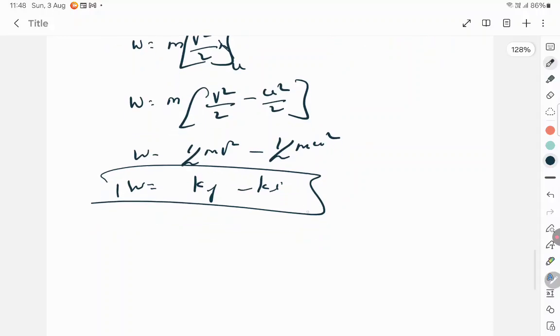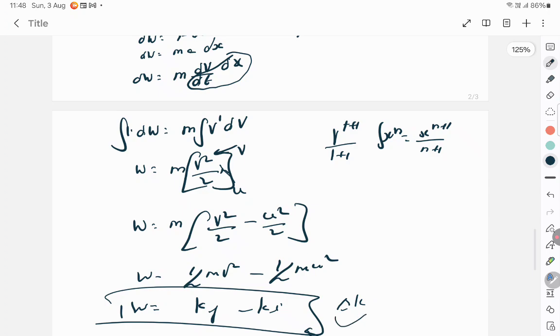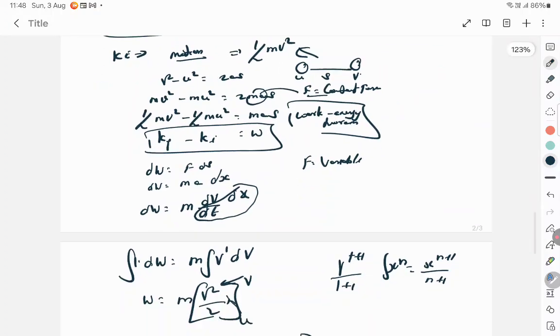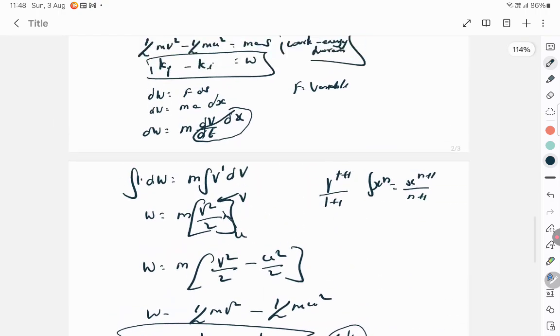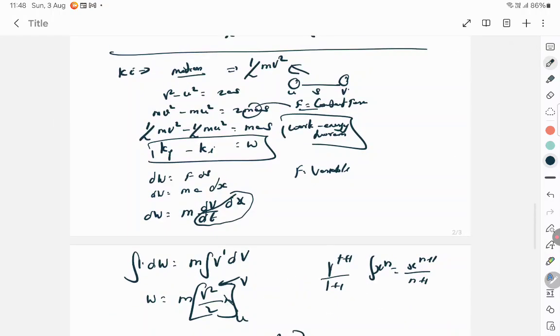How does work convert into change in energy? Delta K, which is K final minus K initial, is used for a constant force, and for a non-uniform force we use the integration method. So very important. Then from this, how do you derive the simple half m v square formula? Take the initial velocity as 0. Then half m u square will not be there, so this formula directly becomes half m v square equal to work done, or kinetic energy.